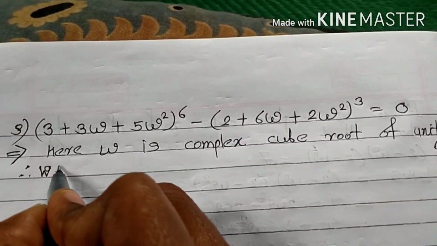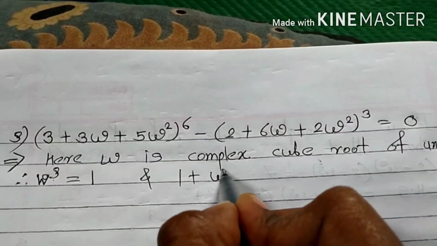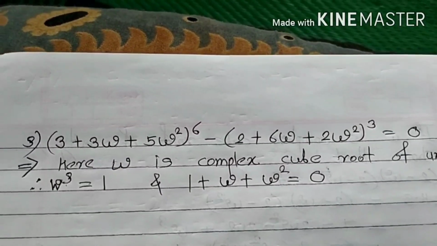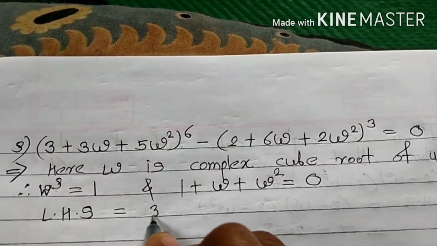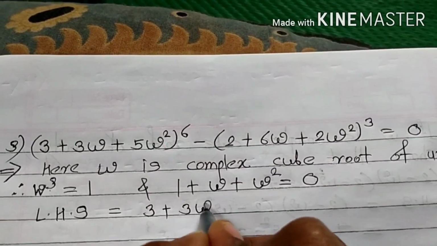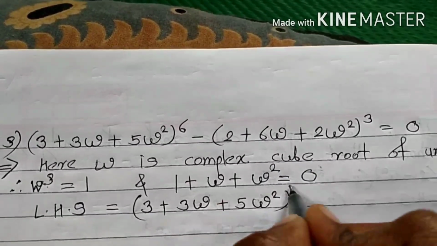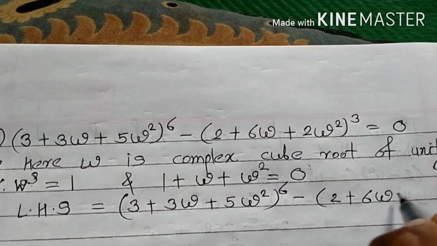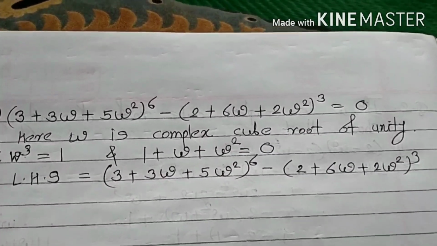Therefore omega cube is equal to 1 and 1 plus omega plus omega square is equal to 0. Now take LHS. So (3 plus 3 omega plus 5 omega square) raised to 6 minus (2 plus 6 omega plus 2 omega square) raised to cube.